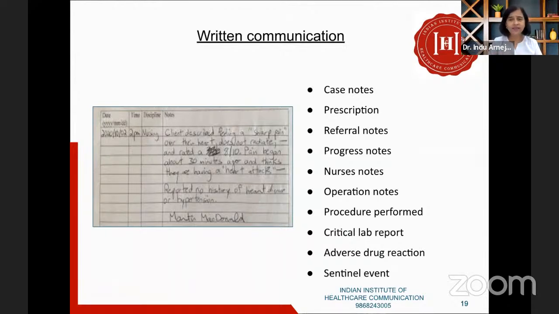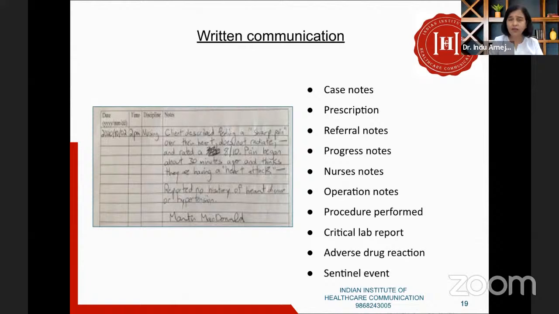Things like case notes, prescription, referral note, progress note, nurse's note, operation note, we write day in, day out. But how many times is it in proper format? Is it legible? Is it complete in itself? Is it signed properly? And is it dated and timed? Because now it's compulsory that when you write something, you not only sign, but also write the date and time.